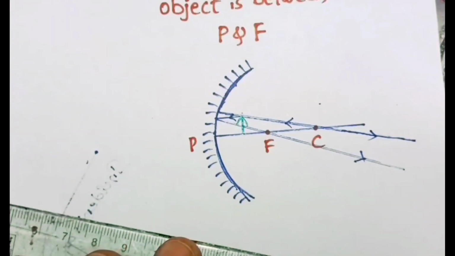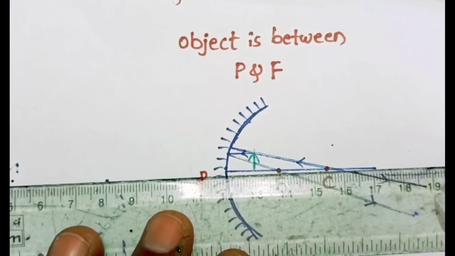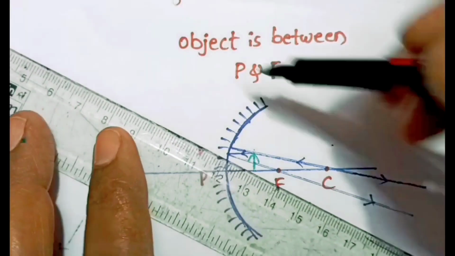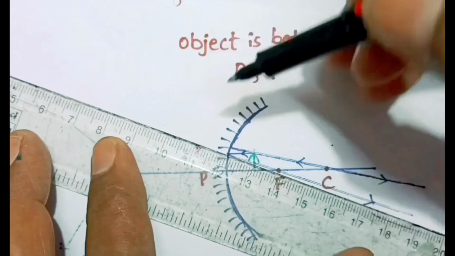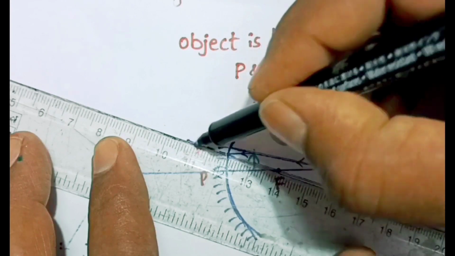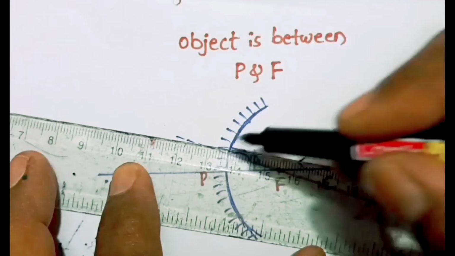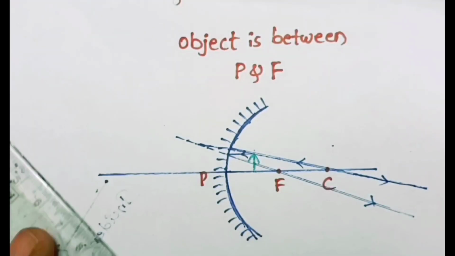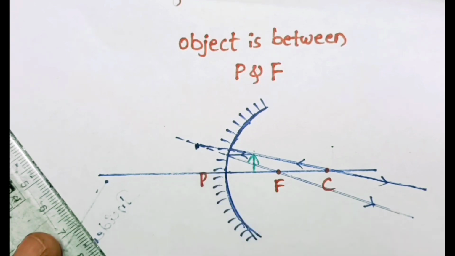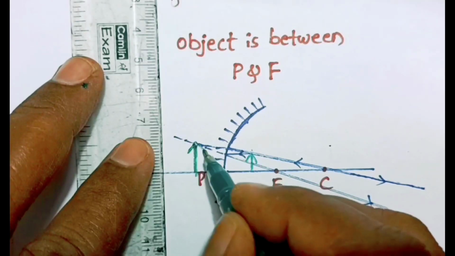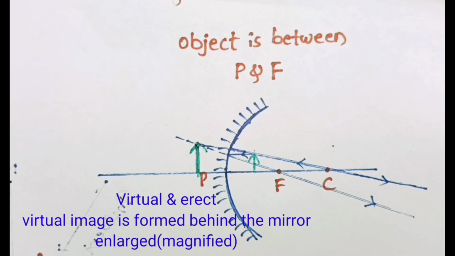This ray diagram tells us that since the reflected rays are diverging, we will not get an image anywhere. So we extend the reflected rays backwards till they meet. They appear to be coming from one point. This image that we get by extending the rays backwards is called a virtual image. So the image is a virtual image, erect image, and enlarged image.